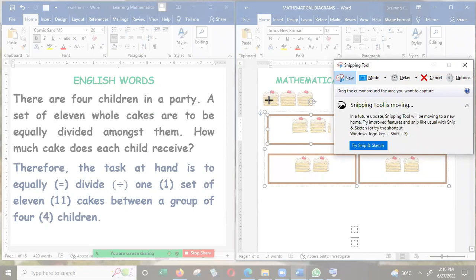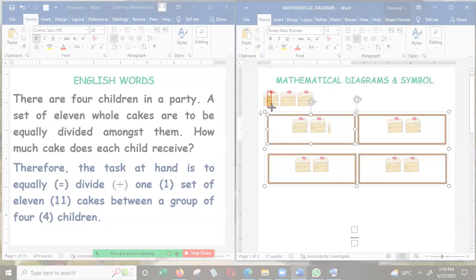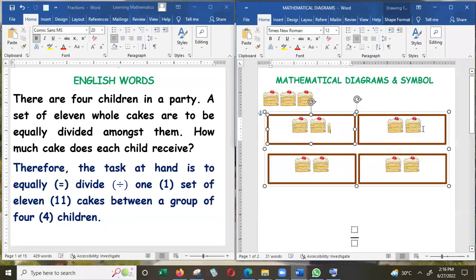Take another slice. Second slice. That's 2 out of 4. Let's give it to the second child. Third slice.